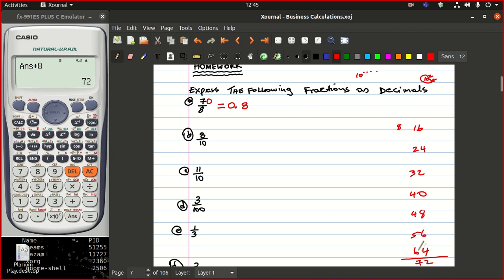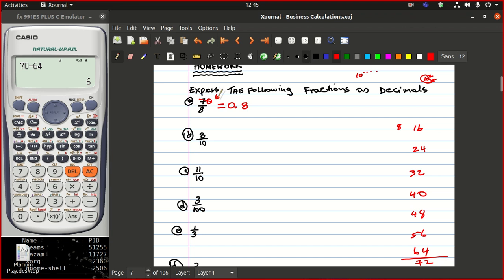The 8 is going to give us 64. So you say 70 minus 64, and then what you will end up getting here is a 6 as a remainder. So after you have divided 70 by 8, the remainder is going to be a 6.